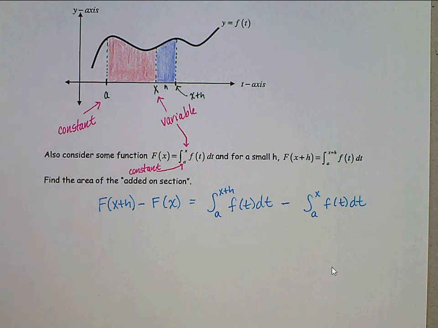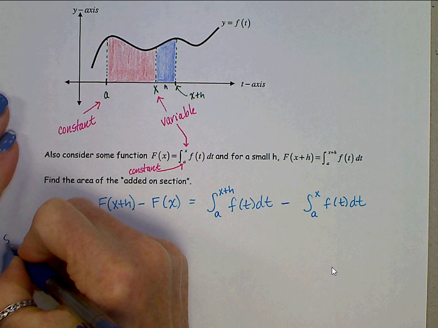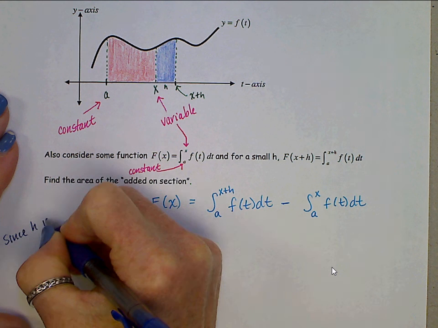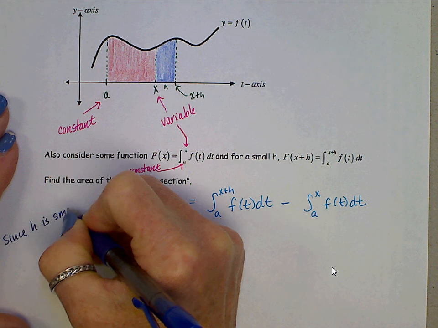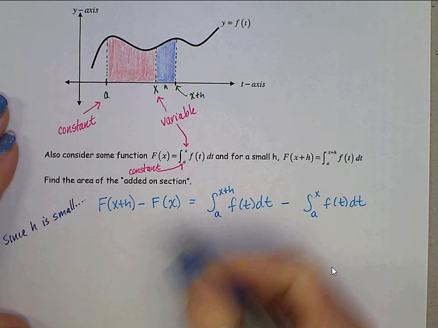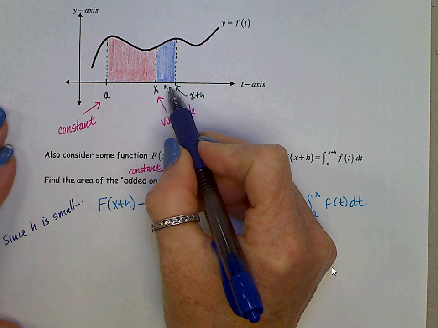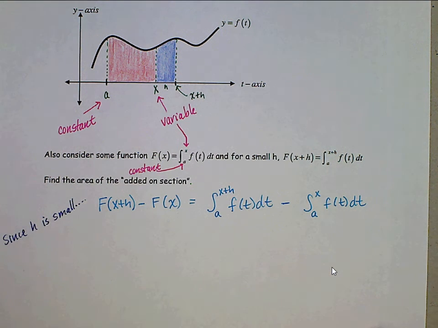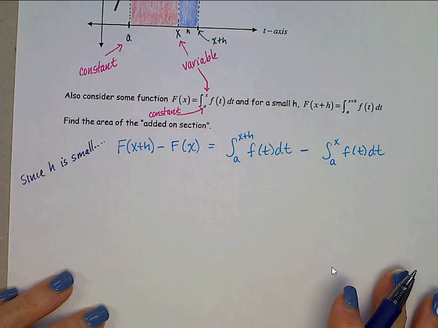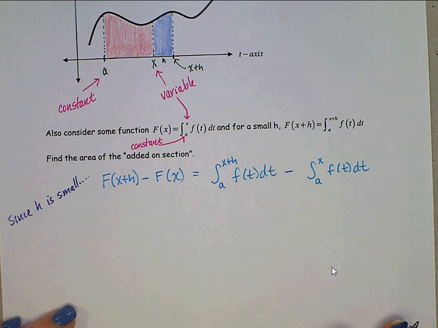Okay, now since h is small, h is really small. I had to draw it pretty big here so you could see it, but let's consider what happens if h is small. Then that rectangle is pretty narrow.